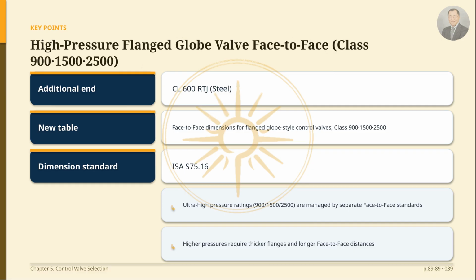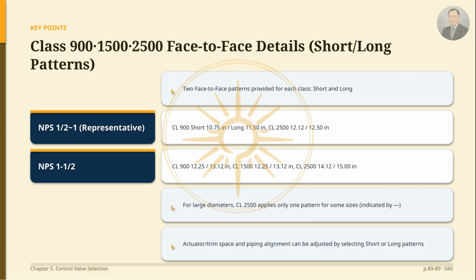Unlike the Class 125 to 600 range we saw earlier, which followed S75.03, these ultra-high pressure ratings manage face-to-face distances with a separate standard. Because higher pressure ratings require thicker flanges and longer face-to-face distances, you must verify this standard distinction during piping design. Now, I would like to introduce the detailed face-to-face dimensions for Class 900, 1500, and 2500.